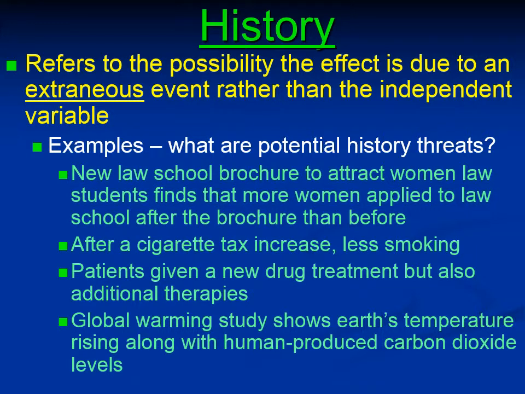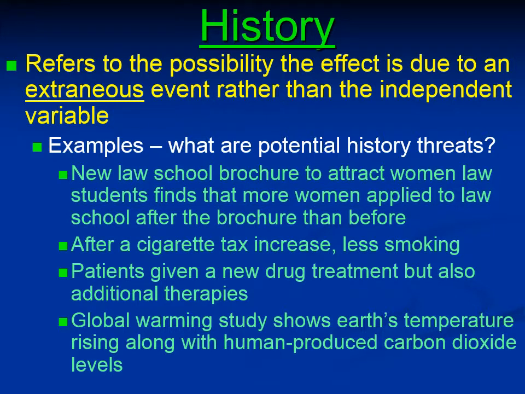Well, the major one that I can think of is that more women are applying to law school anyway. You could certainly look at trend lines from, say, the past decade or so, and if you see a steady upward trend in female law student applications, you might be very concerned about attributing more female applicants to your brochure. So that would be a history threat.